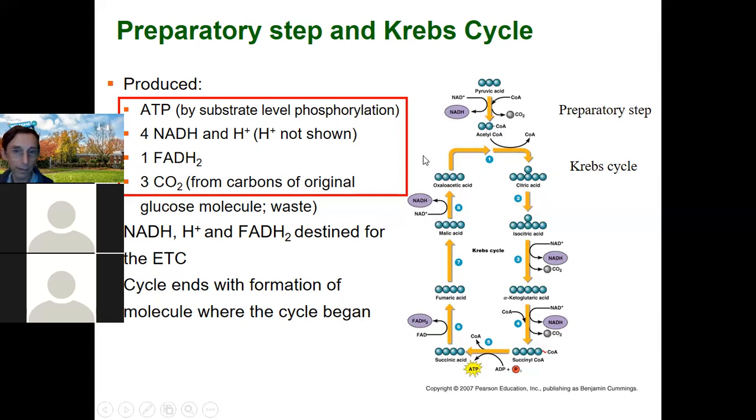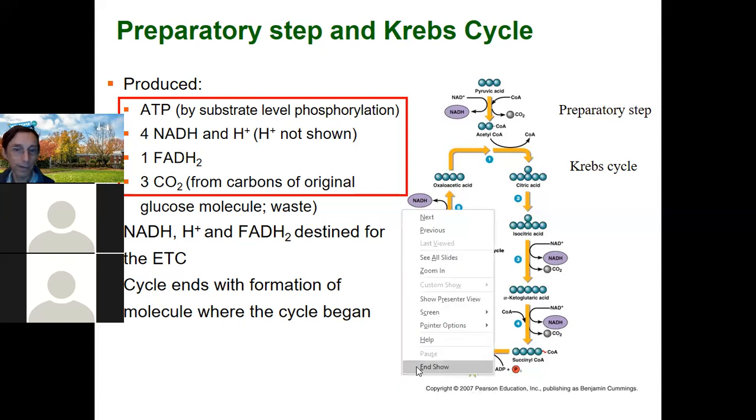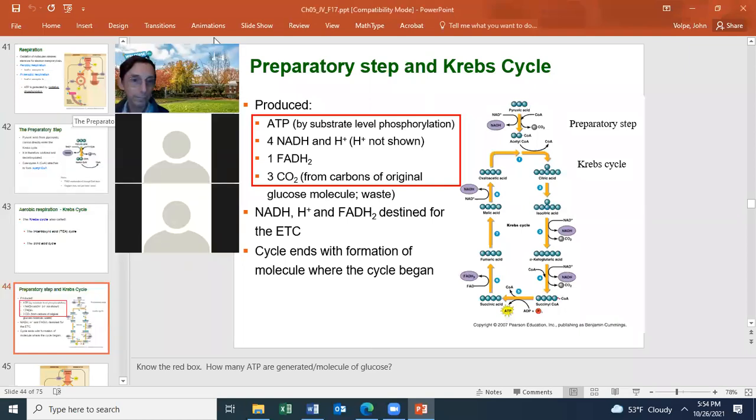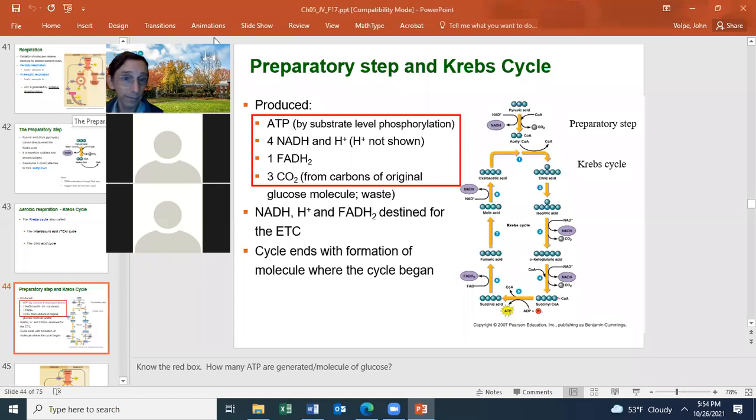The NADH right here, right here, right here, and here. All right, any questions about this? So how many molecules of ATP are generated by the Krebs cycle for each molecule of glucose?